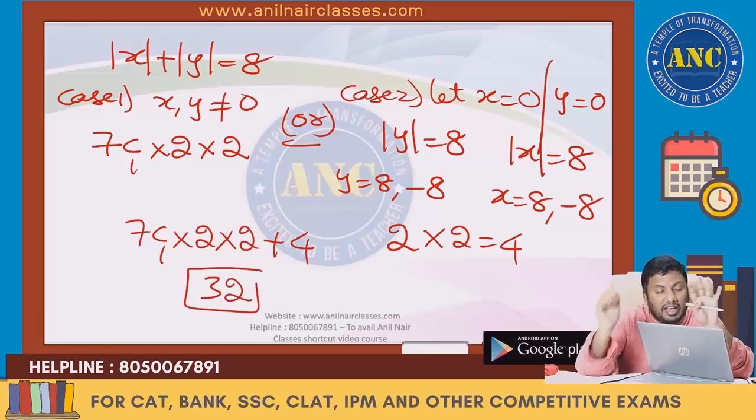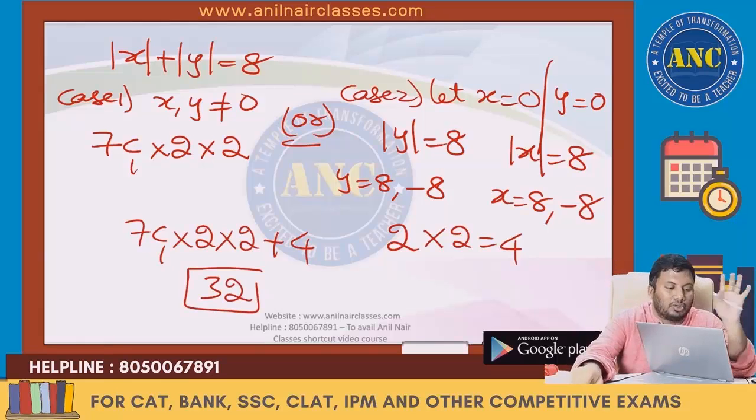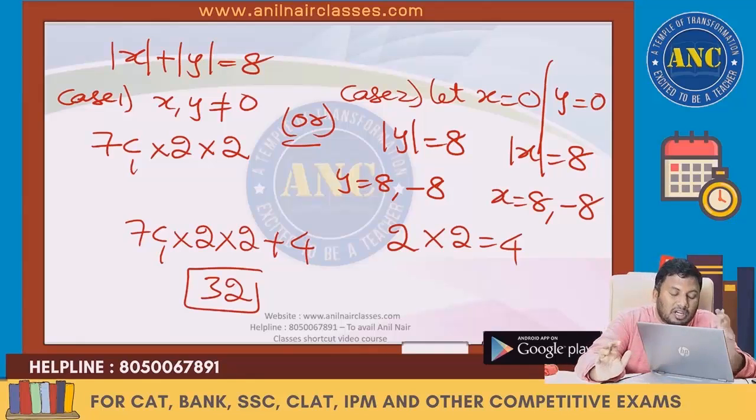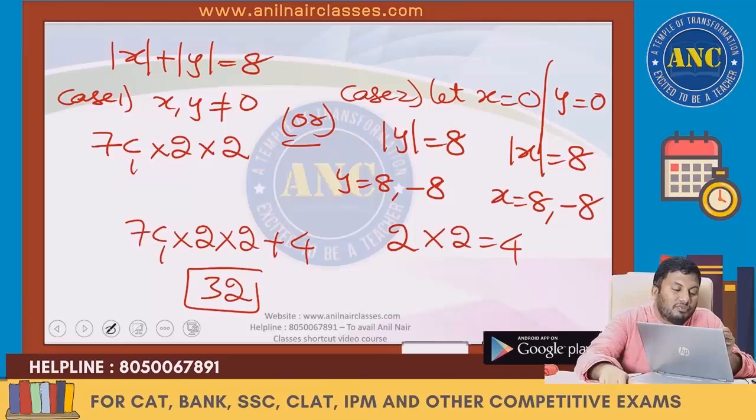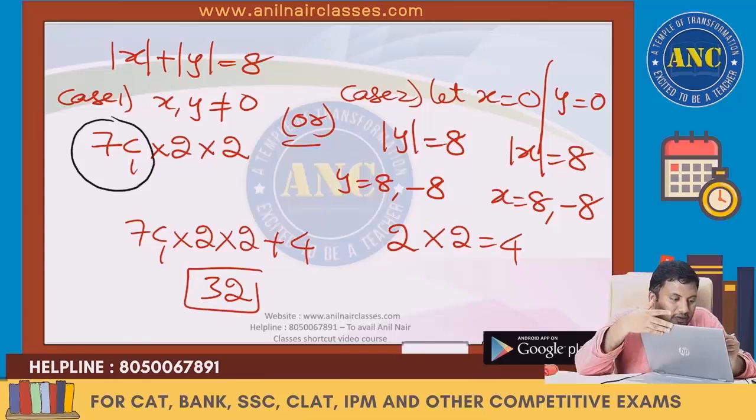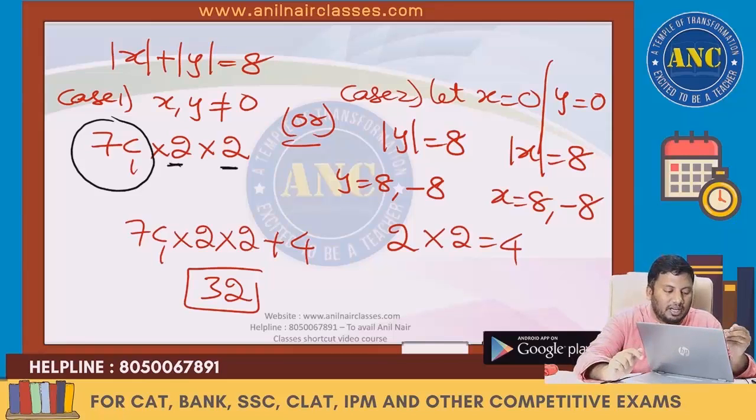First thing, x, y is not equivalent to 0. If x, y is not equivalent to 0 and modulus is not present, this will become x plus y equivalent to 8, which is 7C1. Modulus means inside plus, inside minus. 7C1 into 4 is 28.